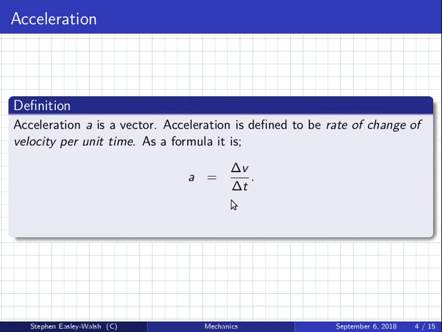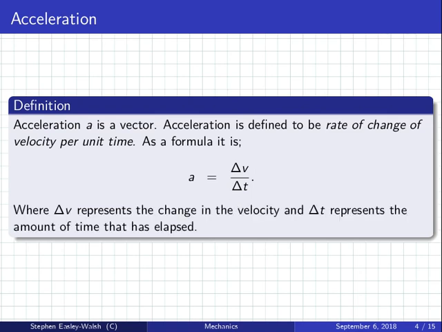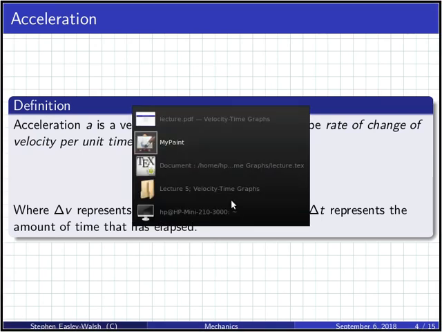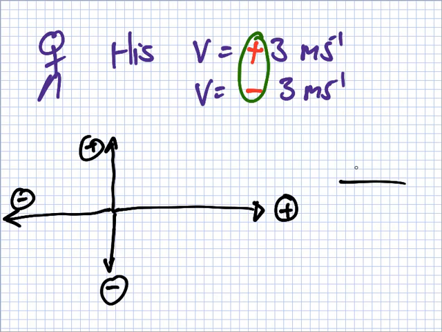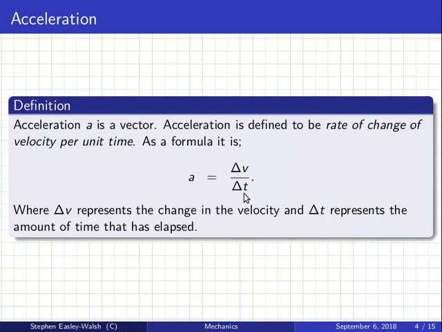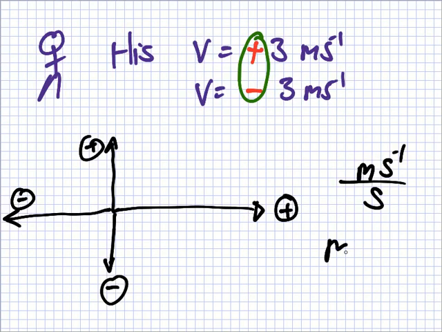So the units, I want you to figure out. So tell me what the units are for acceleration. Meters per second squared, yeah. Because if you look at it like this, on the top you have velocity, which is meters per second, and on the bottom you have seconds, so it's meters per second per second, or in other words, meters per second squared.